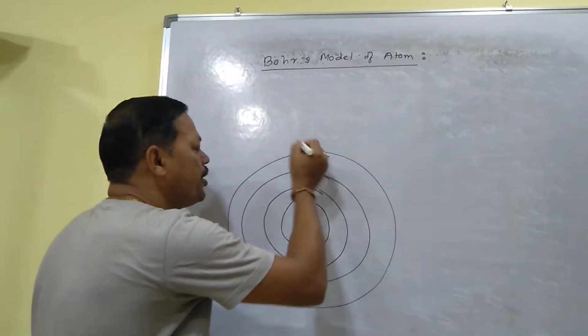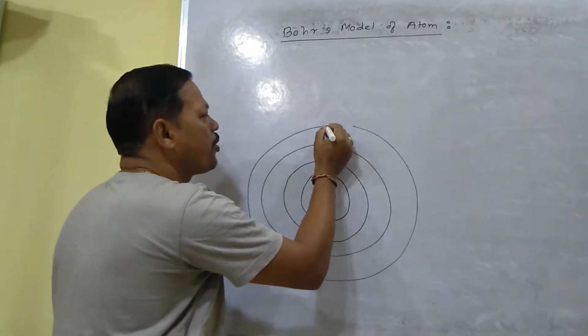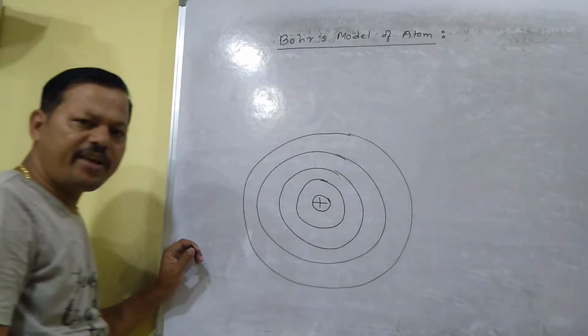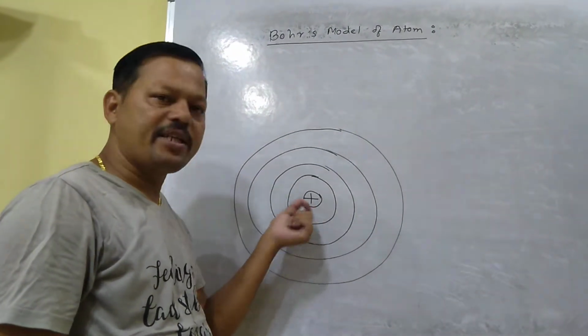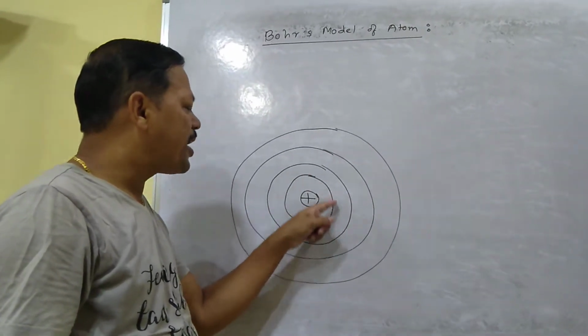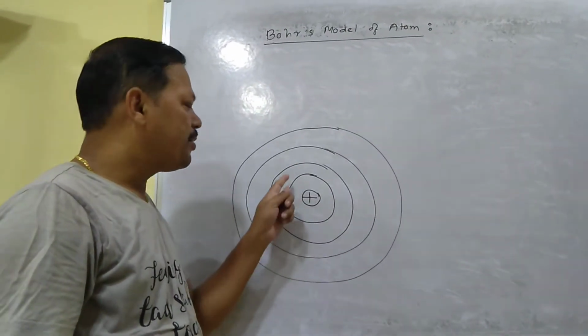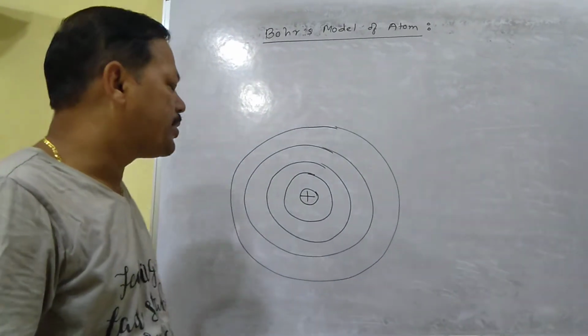This is the first point. So according to Bohr, every atom contains a positively charged species at the center which is called nucleus, and the electrons revolve around the nucleus in some circular paths which are called orbits.